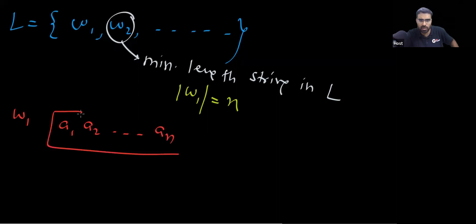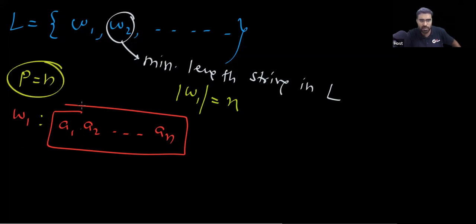Now whatever y you take and you repeat it 0 times, what will happen? In this W1, if I take p equal to n, then in this area you find y.